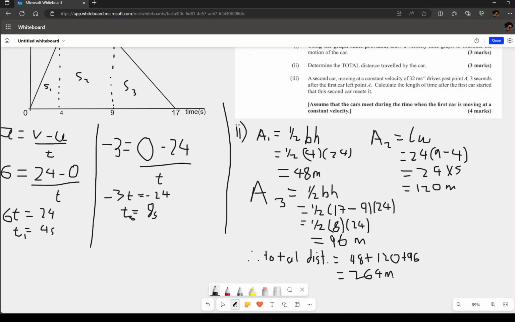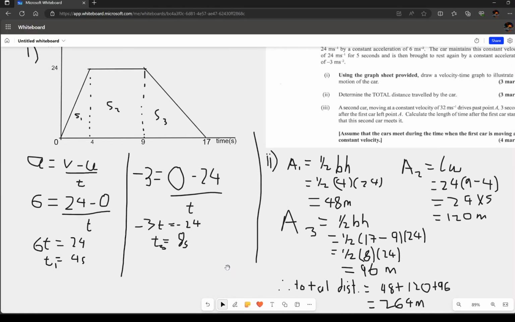Let's just check that on the calculator to be sure. Yep, 264 meters.